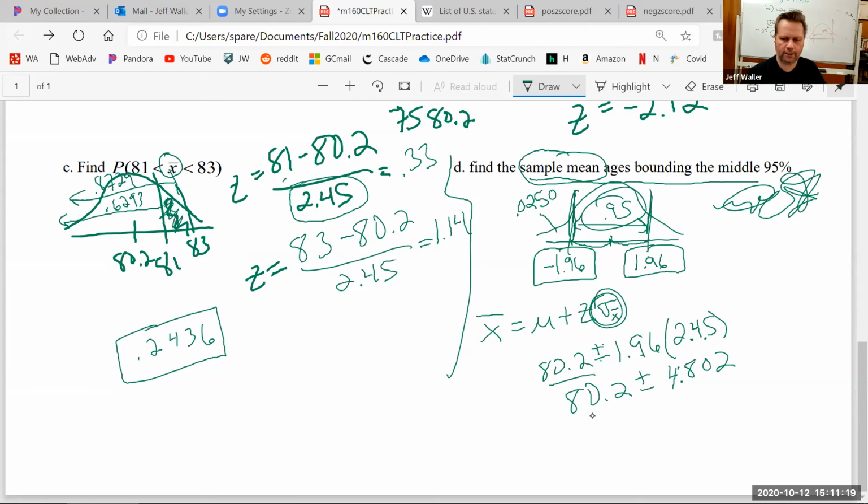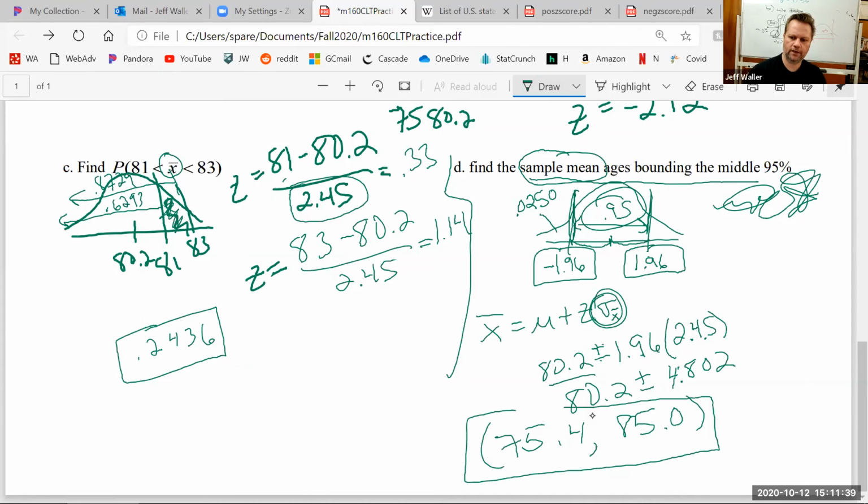I'm not going to try to do that in my head. 75.4. I like it. 75.4 up to 85.0. So between 75 and 85 roughly is 95% of the data.